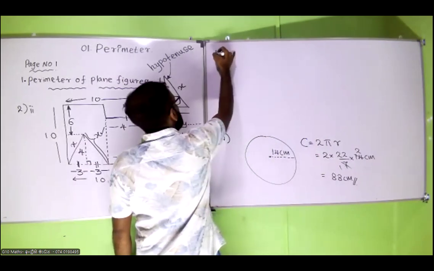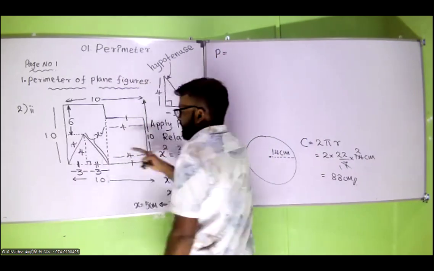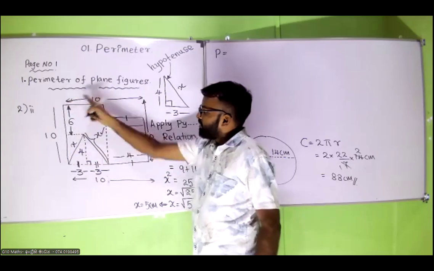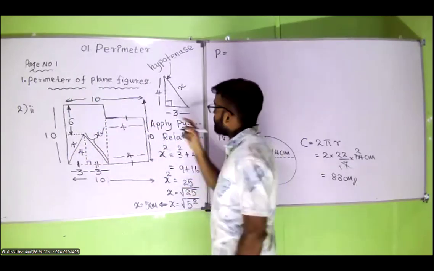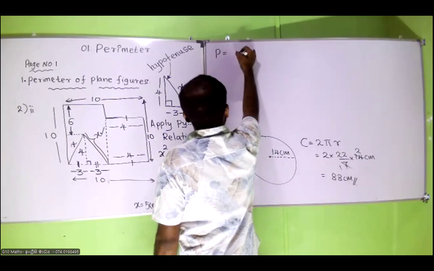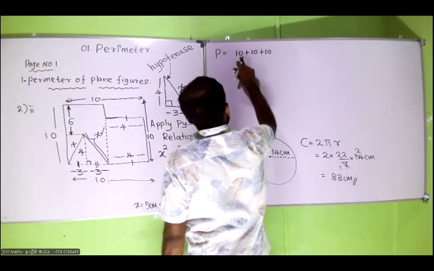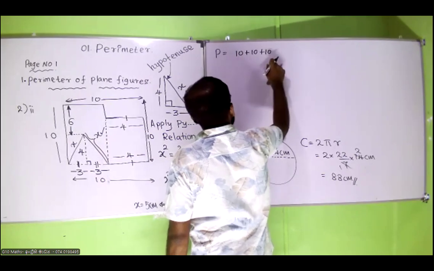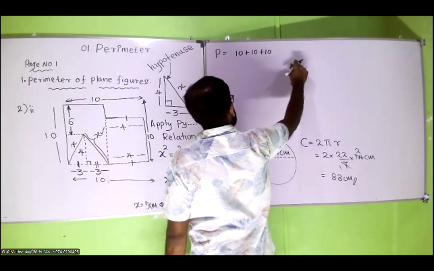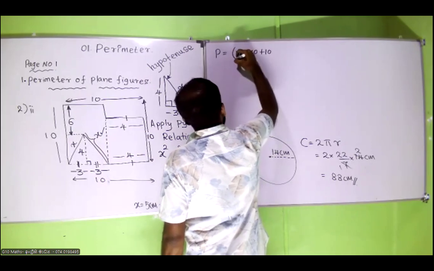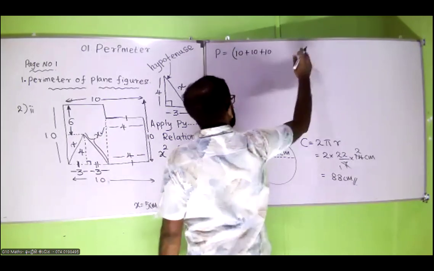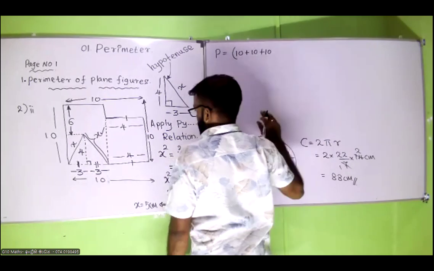So perimeter of the figure equals 10 plus 10 plus 10. I am not going to write 10 centimeter, 10 centimeter, 10 centimeter, because all of the lengths are in centimeters. I will use a bracket because I am not going to write centimeter repeatedly.